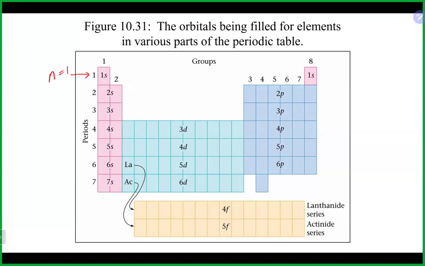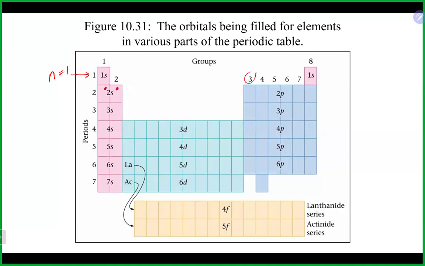So those period numbers represent the principal quantum number, the energy levels 1 through 7. When we look at groups 1 and 2 on the periodic table, they correspond to the s block. How many electrons can an s orbital hold? 2. So that is those two.